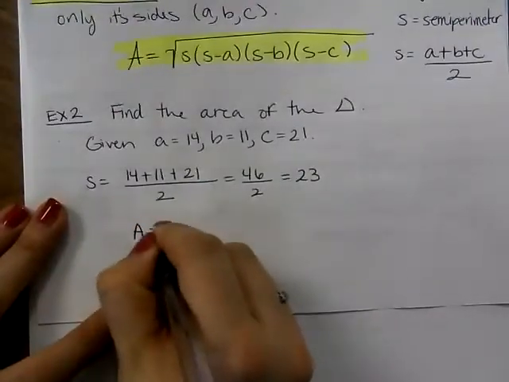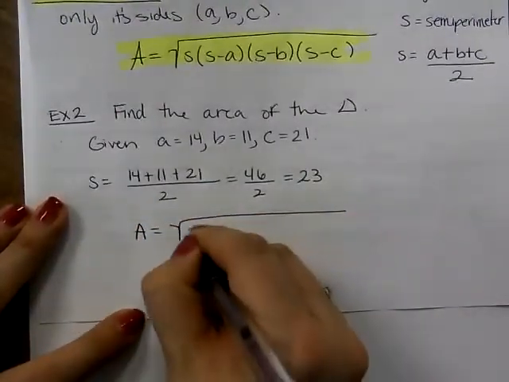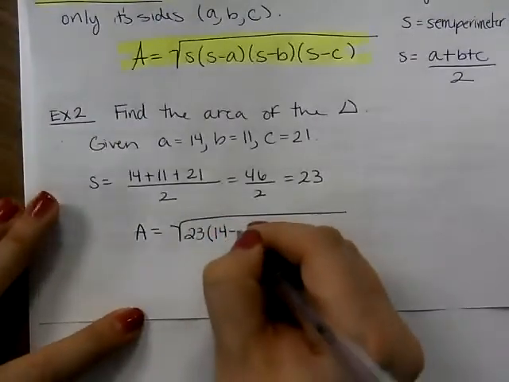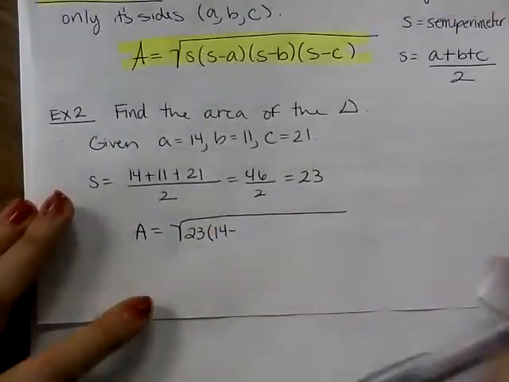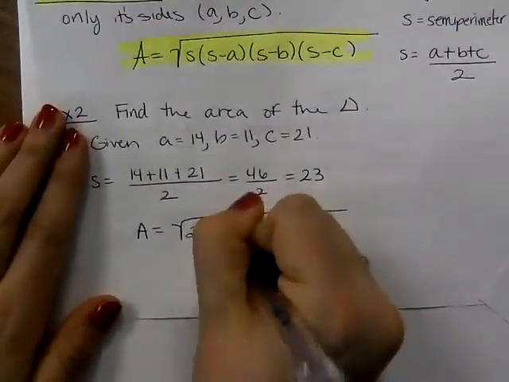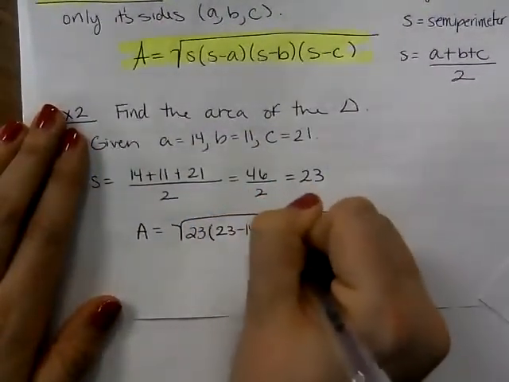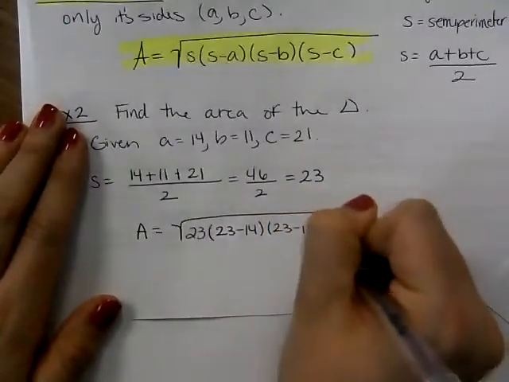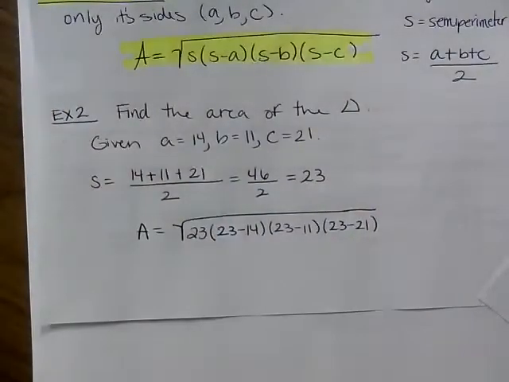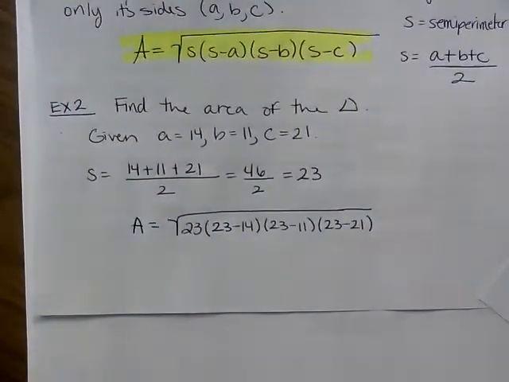So I'm going to have the area equals the square root of 23 times 14 minus, I'm sorry, it's S minus A, not A minus S. 23 minus 14 times 23 minus 11 times 23 minus 21. Okay, so you can plug this into the calculator as is right now, or you could do the subtraction and it would be a smaller piece to plug in.